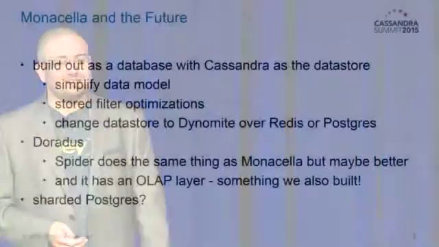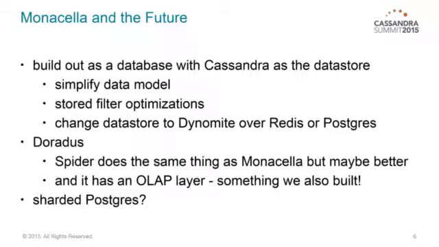Another thing that's available that I should mention is Datastore. Datastore is essentially the same thing as what we built, except it's actually available today to you guys. This is a thing out of Dell's professional services arm, and they open sourced it, so you can find it on GitHub. I think it's Dell OSS, and then Datastore. This does very much the same thing that Monacella does, except it's already available to you.